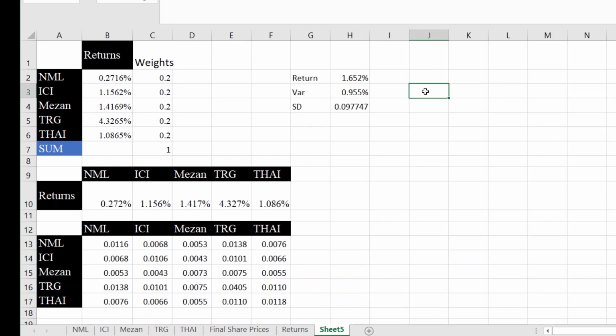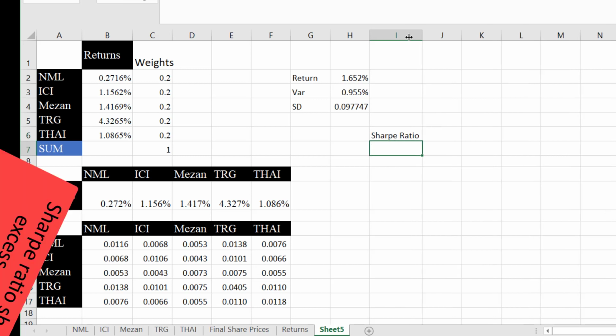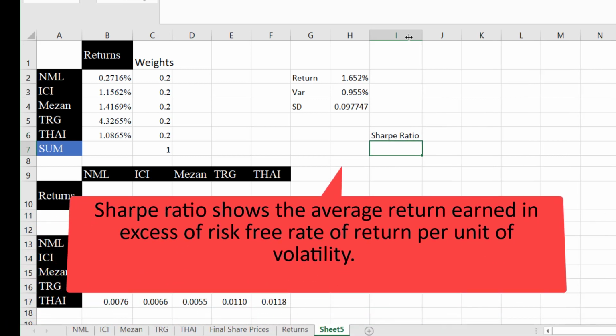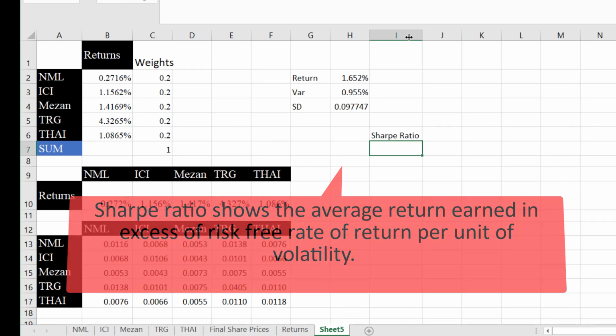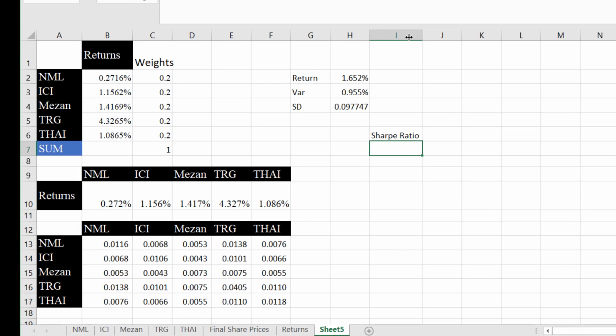The performance of the portfolio can be evaluated by using Sharpe ratio. Sharpe ratio shows the average return earned in excess of risk-free rate of return per unit of volatility. The greater the Sharpe ratio, the better its risk-return relationship.